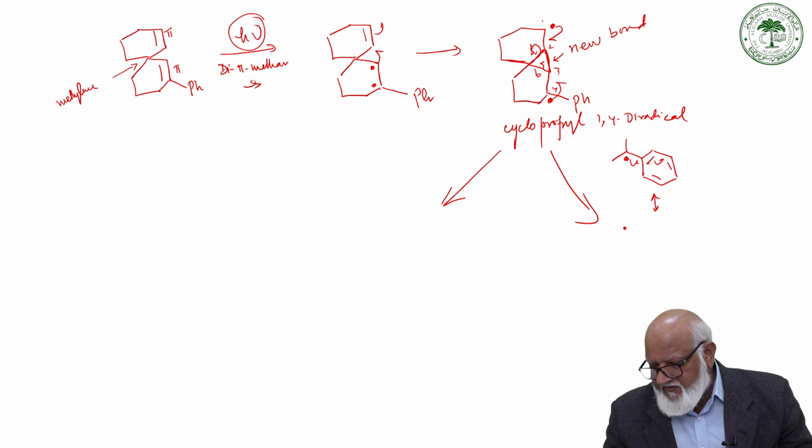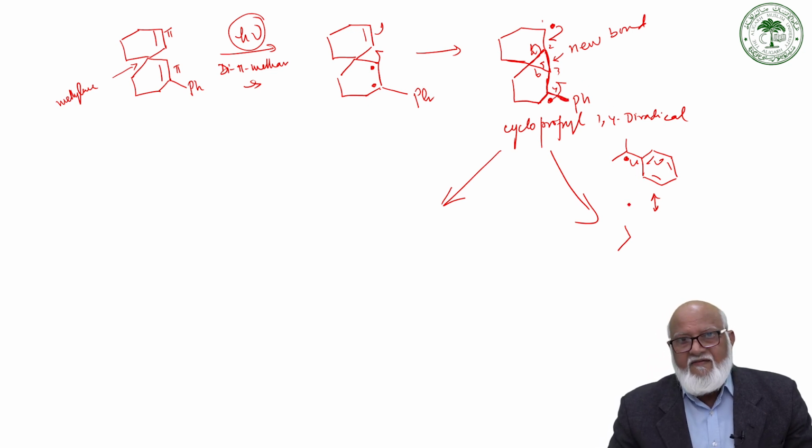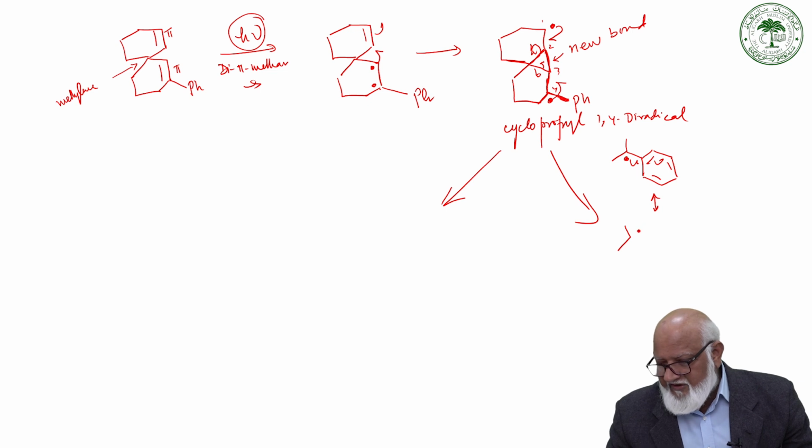We can write different resonance forms, just writing this part only, to see how the radical adjacent to the phenyl group is stabilized. So this forms a double bond here, and then there is a radical here, and then a double bond, and then this will once again form, going here.